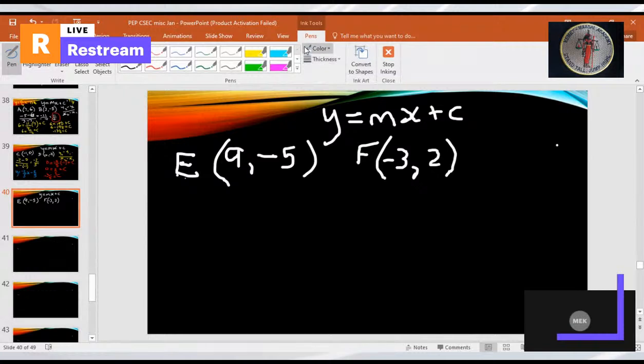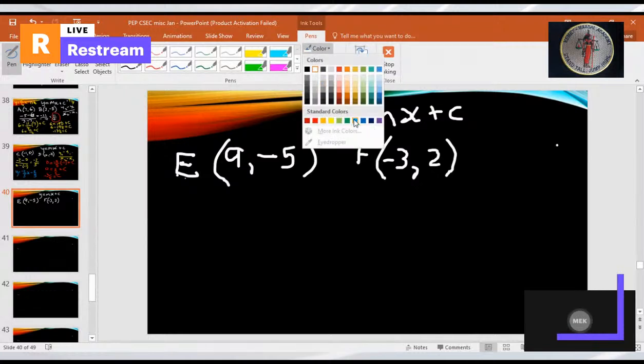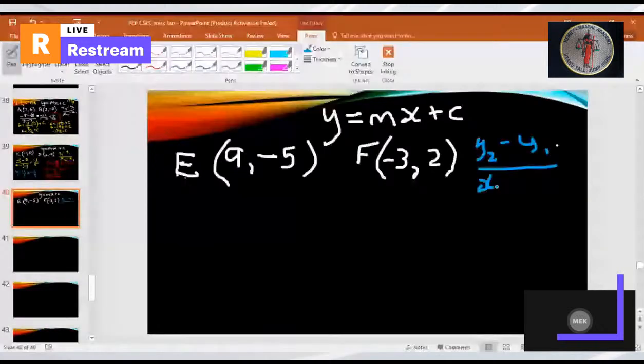So we're going to first find the gradient. The gradient is the second y value minus the first y, divided by the second x value minus the first. The second y value is 2, minus the first, which is -5.